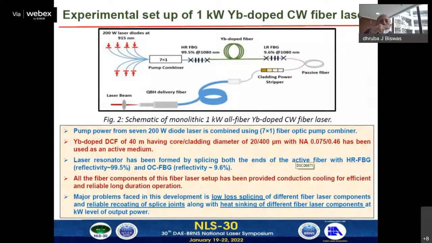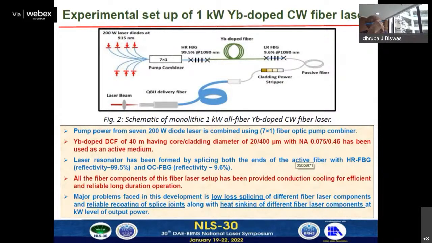Here you can see the schematic of that fiber laser engine. Seven 200 watt laser diodes are combined using a 7 into 1 fiber optic pump combiner, and the HR FBG and LR FBG form the grating mirrors around the Yb doped fiber. The output is coupled to the cladding power stripper, which reduces the unwanted power in the cladding at the output end.